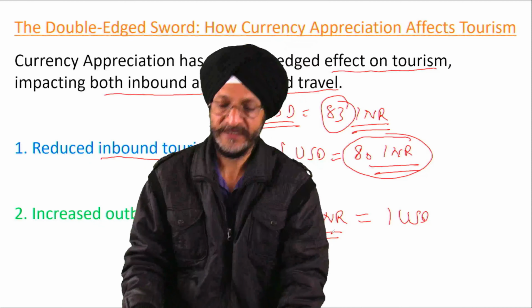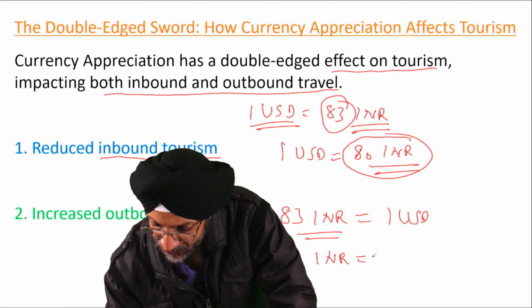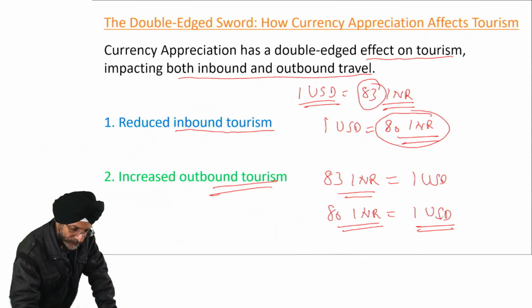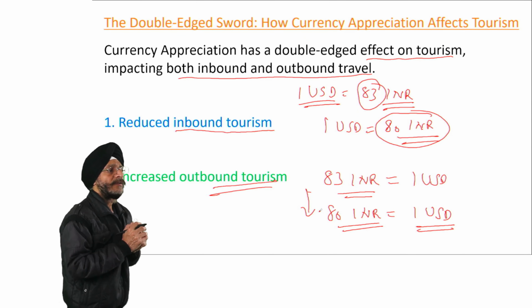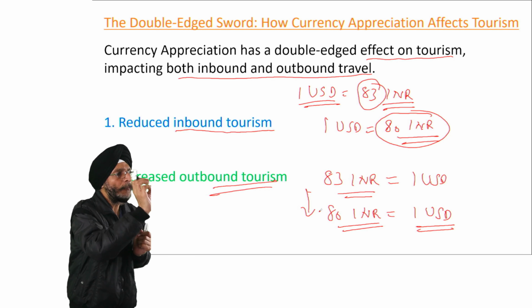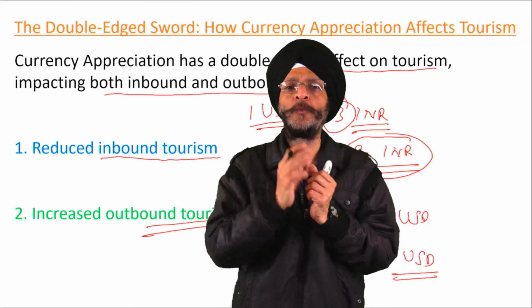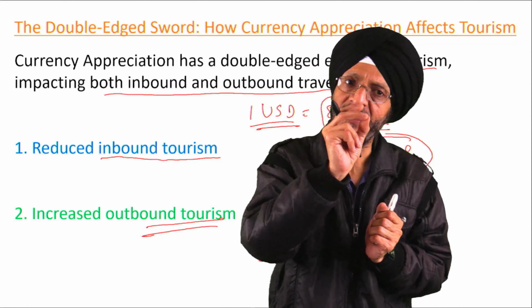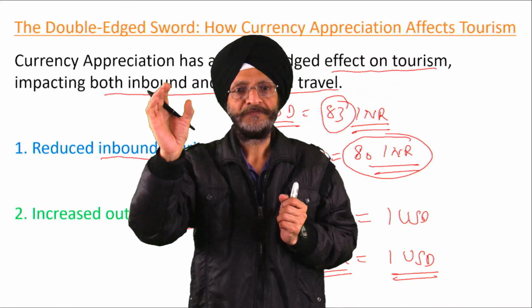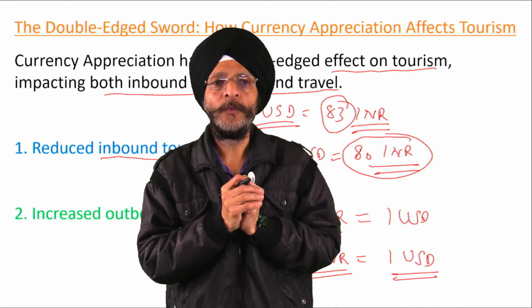Now if Indian rupee has appreciated to say 80 Indian rupee equal to 1 US dollar, after appreciation the tourists from India will have to pay only 80 rupees to get 1 US dollar. Earlier they used to pay 83 rupee. Now they have to pay less to get 1 US dollar. So international tourism for the tourists from the appreciating country becomes more affordable.